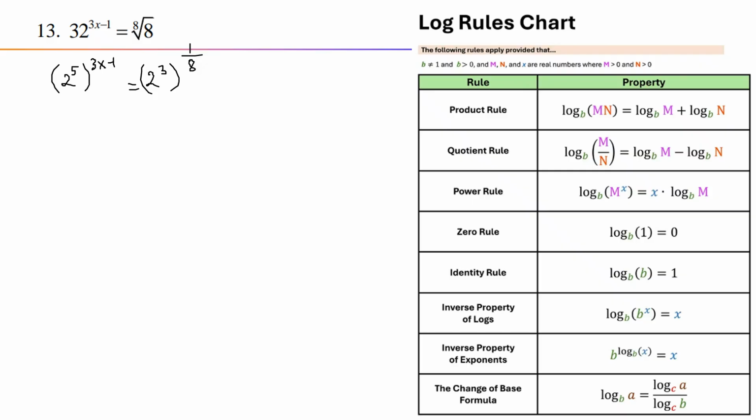Where does the 1 over 8 come from? Remember, the 8 is the root index, okay, the power is right here. If I write one more time, it is 1 out of 8, and because 8 is 2 to the power of 3, then I have that.